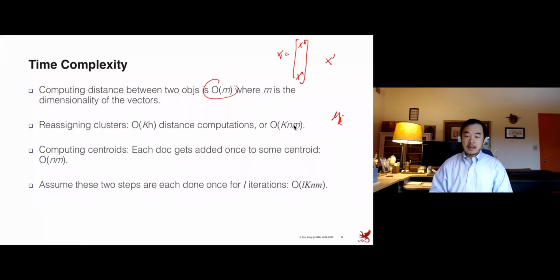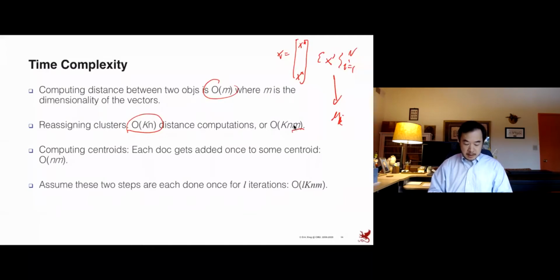And you have n such data points, and each of them needs to compute a distance to the mu. That basically is O of k times n operations. Okay, so it's linear in the size of the data points. And of course, the vector cost multiplies with another m.